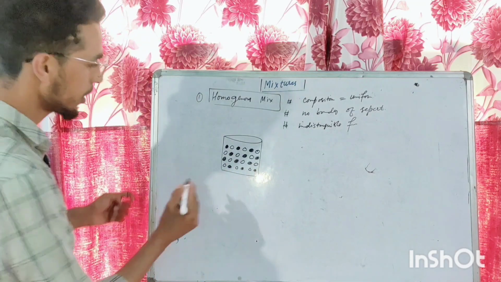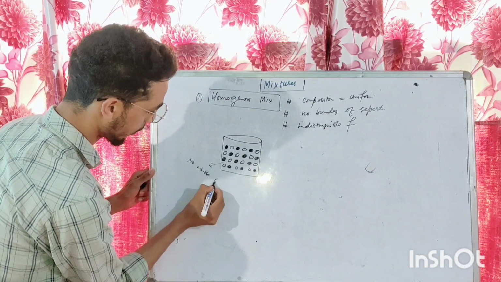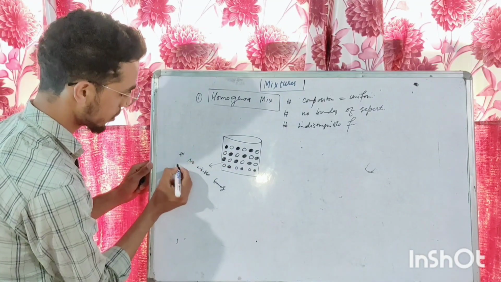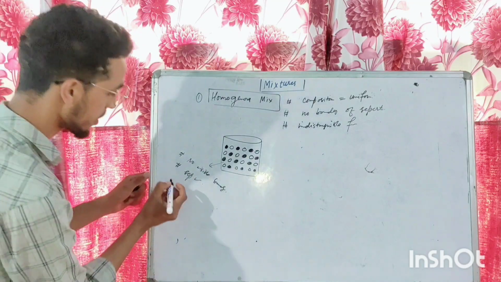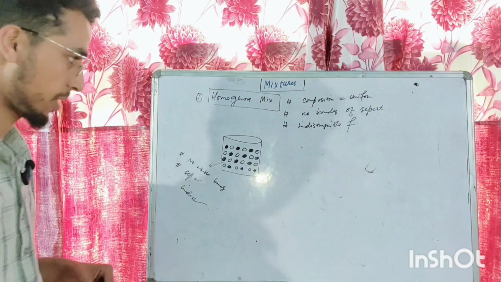As we have seen here, first, there is no visible boundary. कोई boundary यहाँ पे separation दिख रही है नहीं, so that means there is no separation also, we cannot separate them. ठीक, when we cannot separate them, we can say these are indistinguishable. ये indistinguishable हैं, means we cannot separate them.